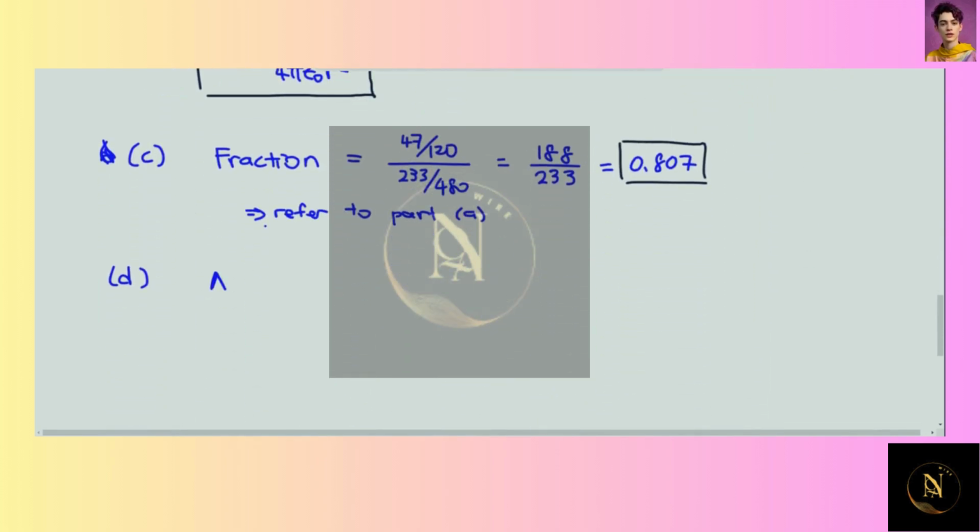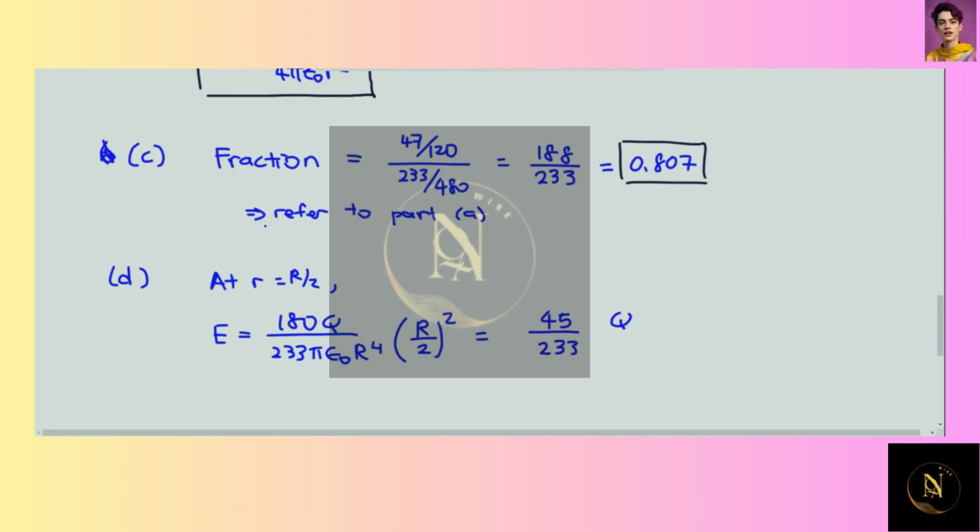At half of the radius, the electric field is 180 Q divided by 233 pi epsilon naught R to the 4 times R over 2 to the 4, sorry, squared. You get 45 over 233 Q over pi epsilon naught R square. Okay, so this is the answer for part D.